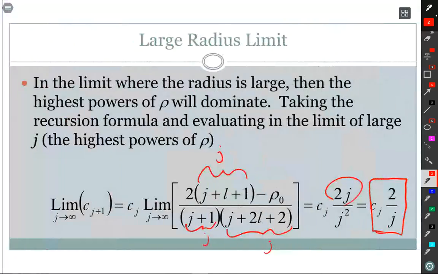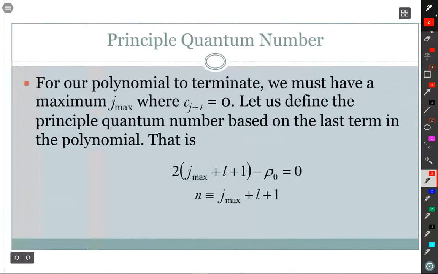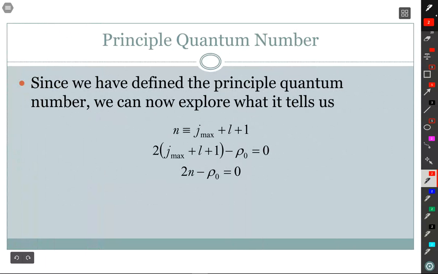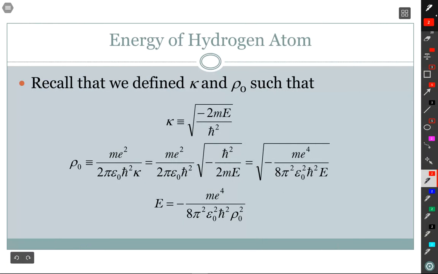But what's rho 0? Now we go all the way back. Kappa was defined as this stuff. And rho 0 was defined in terms of kappa. And so rho 0, if you put kappa in, expands to this thing here. Or solving for E is dependent on 1 over rho 0 squared.